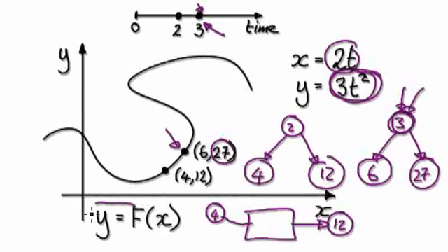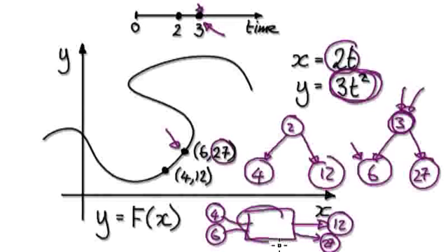So it's really you trying to find a machine or function in such a way that when you input 6, you will get 27 out. So what is the function here that will allow us to jump from 4 to 12?